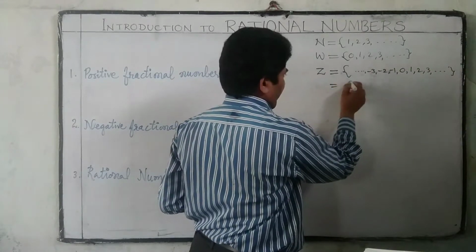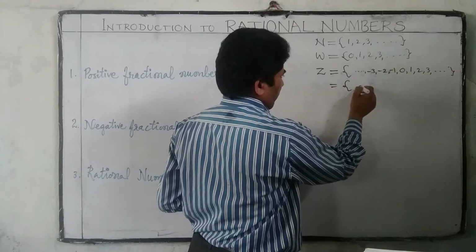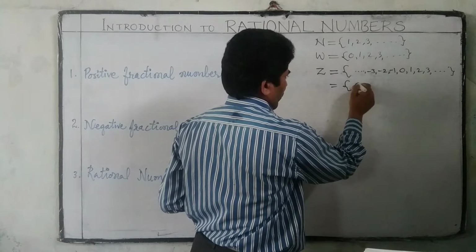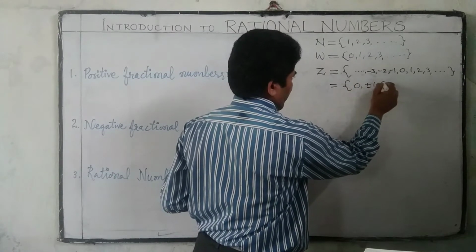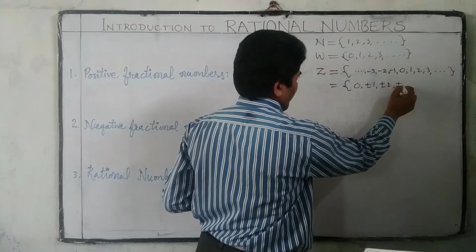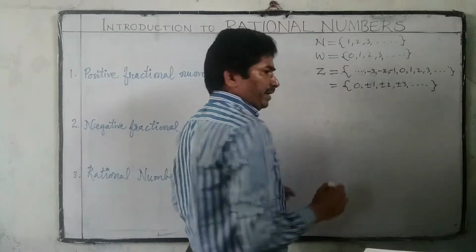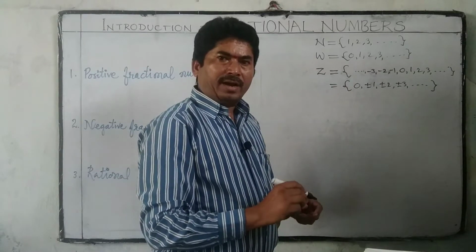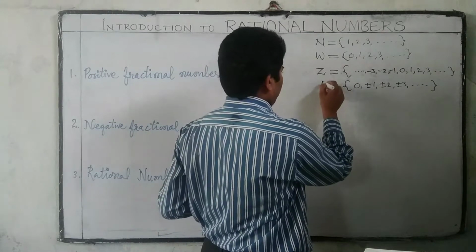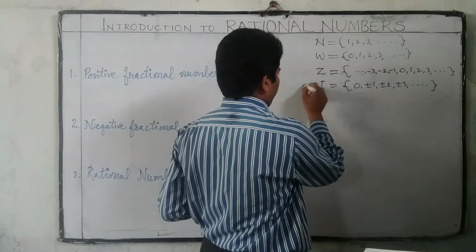And also we can write this like 0, plus or minus 1, plus or minus 2, plus or minus 3 and so on. Integers are denoted by I also. This is the starting letter.